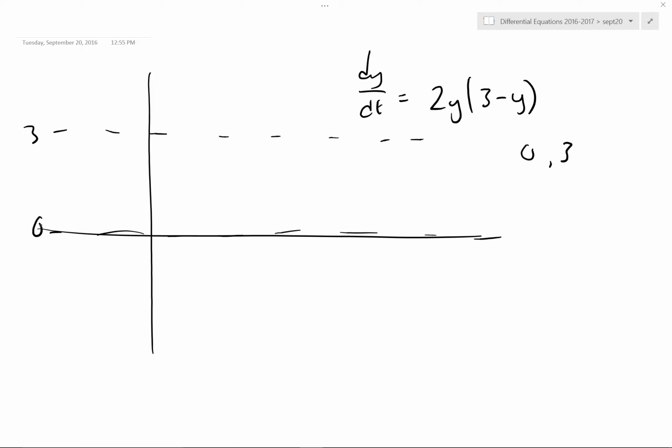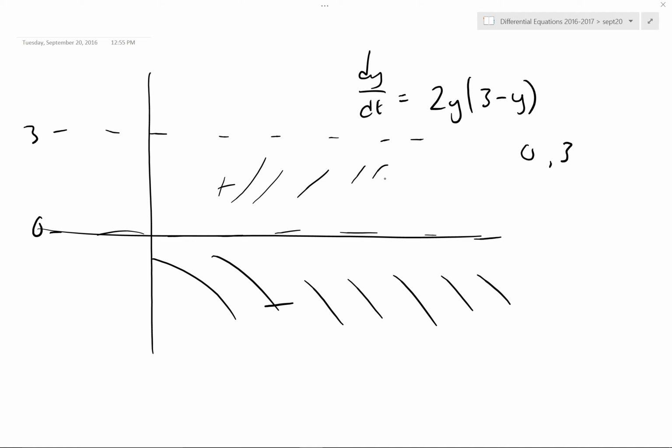And if you're less than 0, that's going to be a negative slope, I think, right? And if you're looking at a slope field, it would look like a bunch of these, something like this. And if you're in here, like 1, that's positive, so it's positive slopes. And obviously what's happening here, they're going to come up and do some of this.